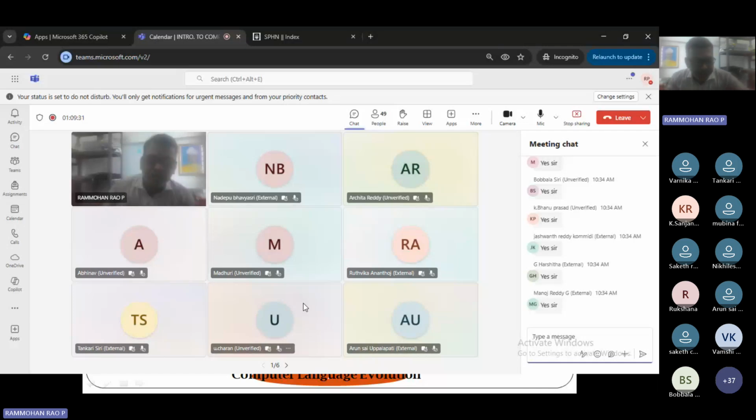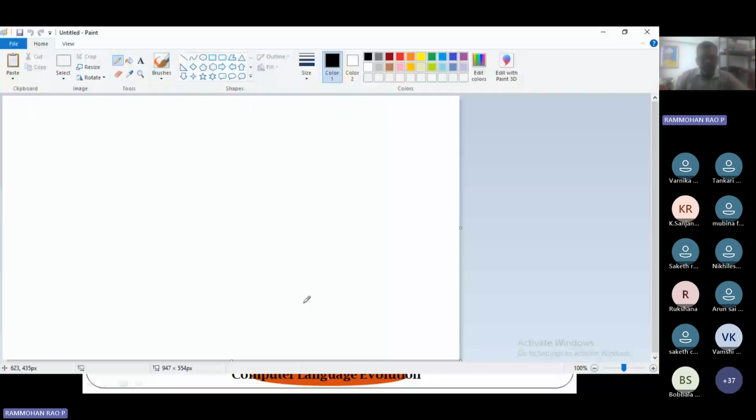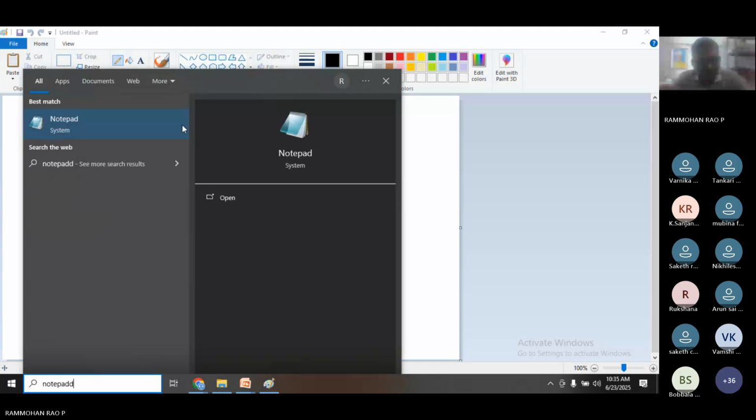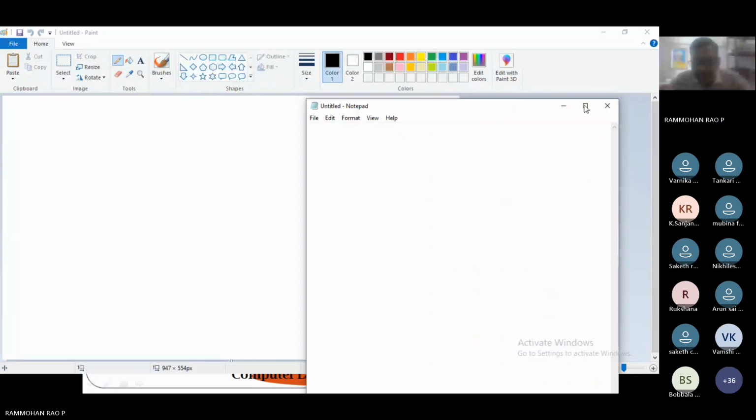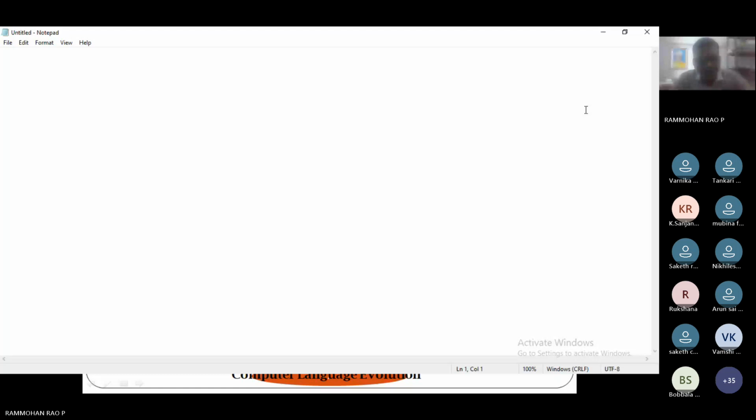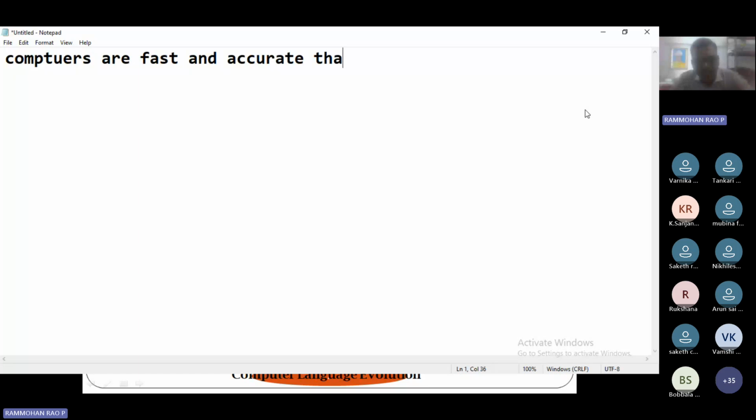So friends, based on this question, we land on an important discussion here. Can I give instructions to a computer using my own language? Computers are faster and more accurate than us.